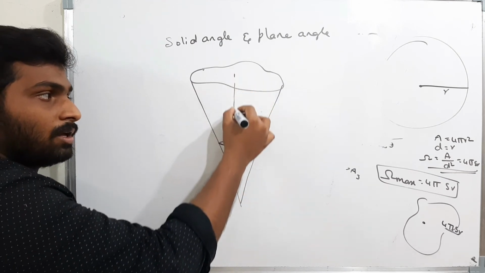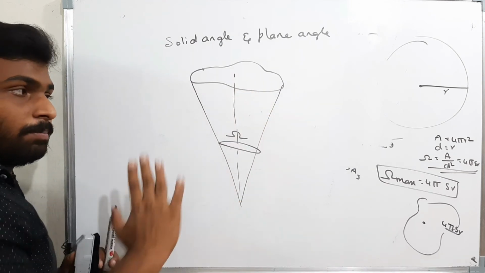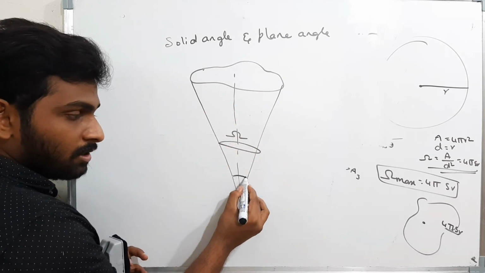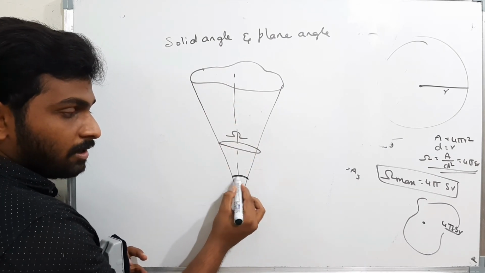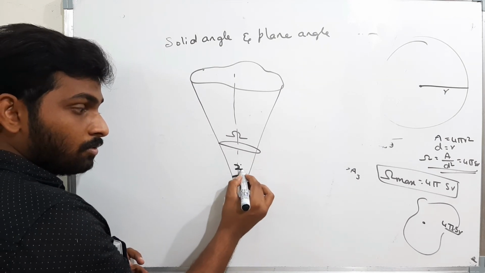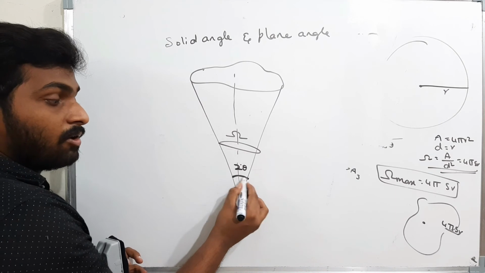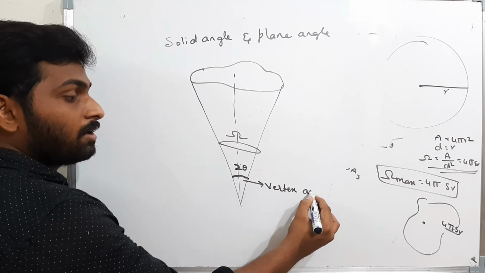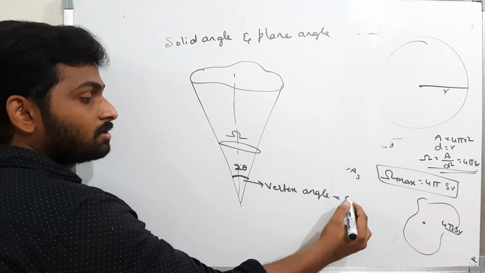Now what is the plane angle? If you see in a two-dimensional plane, you will see the angle as this one. This is a plane angle. The plane angle I am taking as 2 theta, and I will call it the vertex angle. The vertex angle is 2 theta.